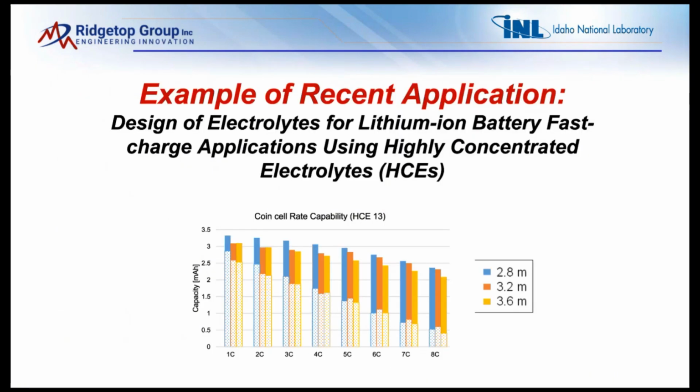I think the last example here is to show how we've used the model to support fast charging goals within our DOE program. The Department of Energy has a fast charge program called Excel that has been looking at trying to develop fast charge batteries that can do a 10-minute charge and still maintain roughly 70 to 80% of charge capability, but have thicker electrodes.